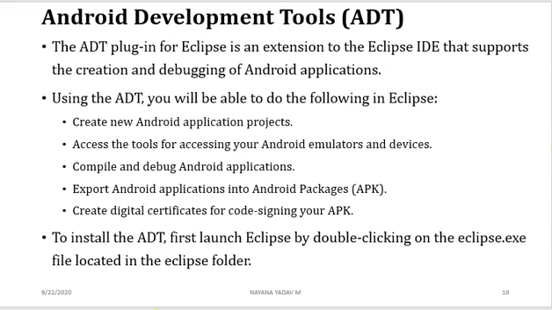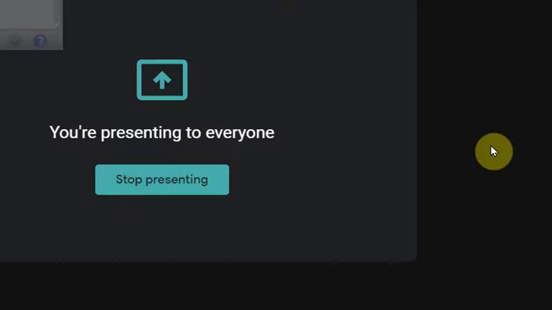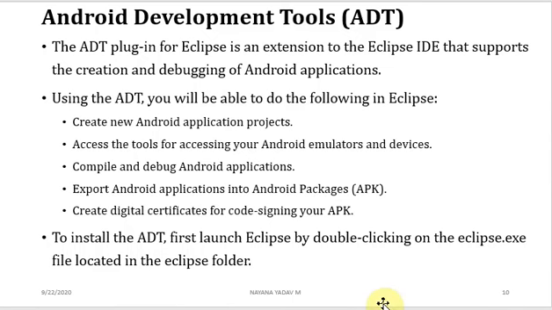So once all these are installed, once you've installed Eclipse, JDK, Android Studio, the next thing we require is the Android development tool. This Android development tool is nothing but a plugin for Eclipse, using which you can create as well as debug Android applications. Okay, so that's the next thing you have to do.